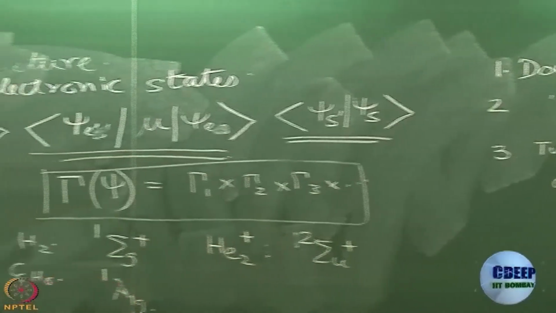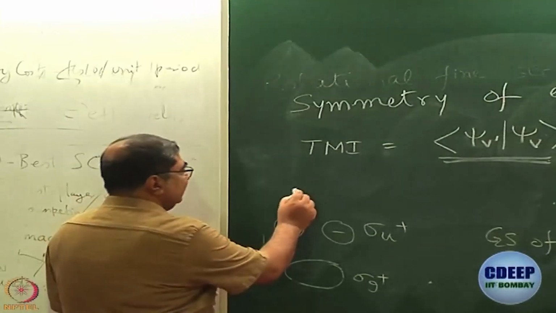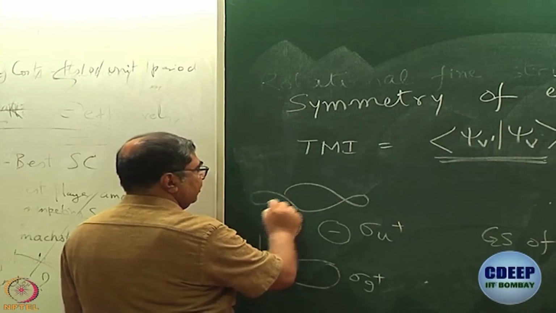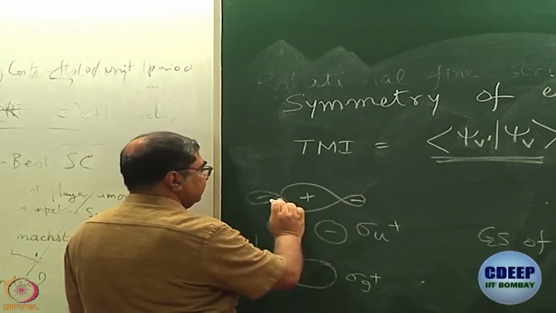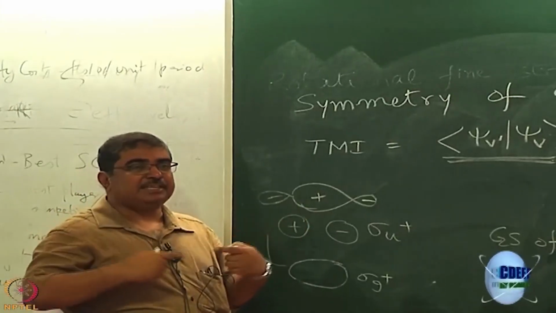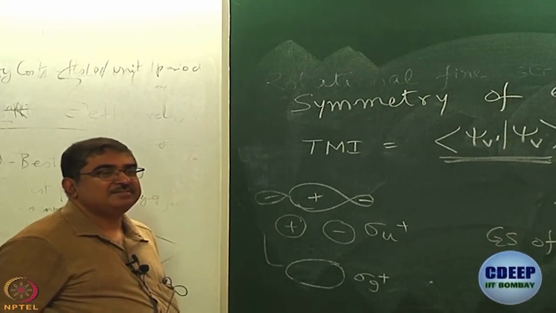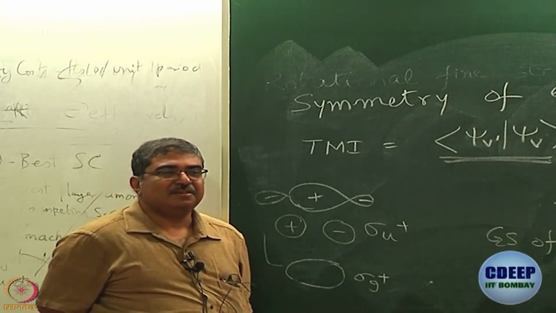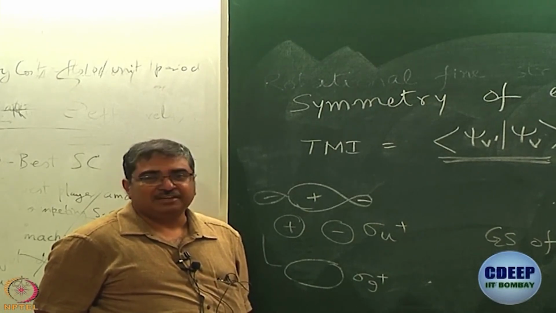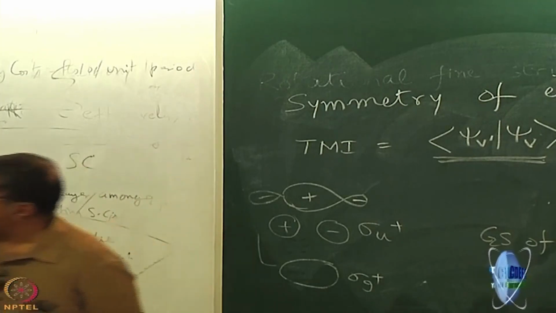Before going there, let us remind ourselves what kind of symmetries we have. What is this? An MO formed by combination of pz orbitals, this is bonding. What is the symmetry? Character of E is 1, character of C infinity is 1. What is the next thing?